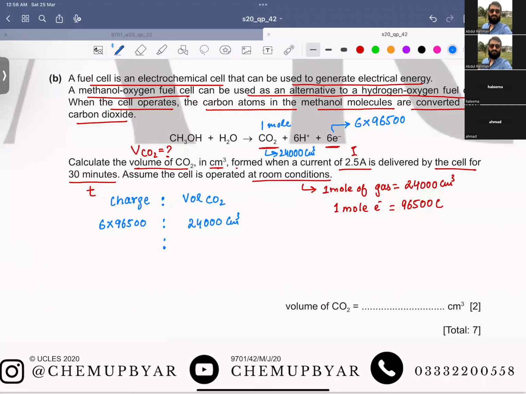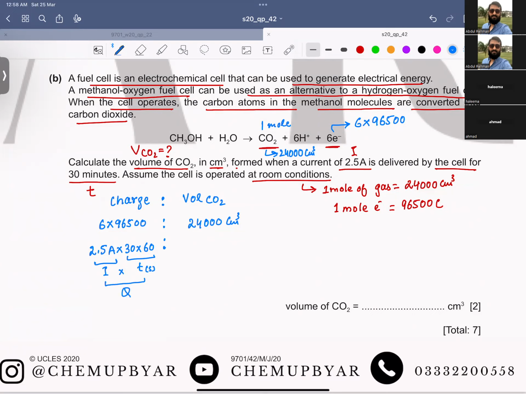In this question, we are provided with 2.5 ampere current that is passed for 30 minutes. If I multiply it by 60, I will get the time in seconds, and that is the current. And current times time gives me the electric charge.